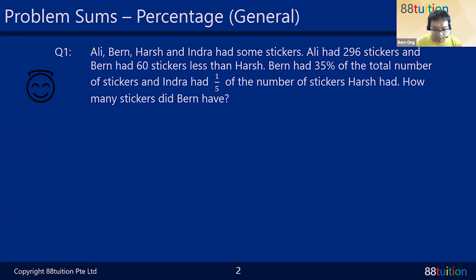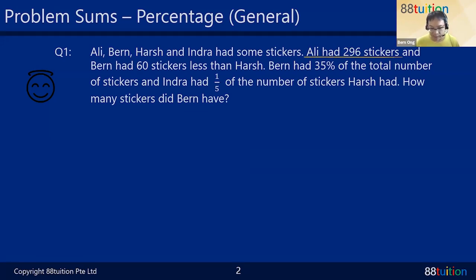How many people are involved? 4 people involved: Dr. Ali, science teacher; Bern, that's me; Teacher Indra; and Hush. Hush is one of our very important crew in our 88 tuition team, just to let you know. Oh, we got some stickers. Ali had 296 stickers. This is information that we have, not very important at this moment yet.